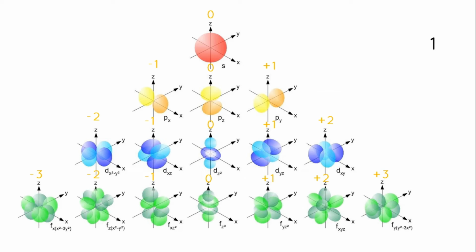For our P subshell, the yellow and orange ones, we have 3 orbits, labeled as -1, 0, and 1. For our D subshell, we have 5 orbits, the blue and violet ones, and they're labeled as -2, -1, 0, 1, and 2.